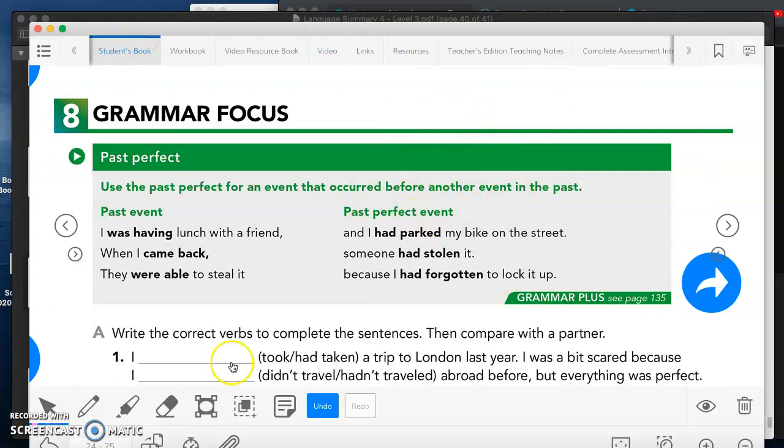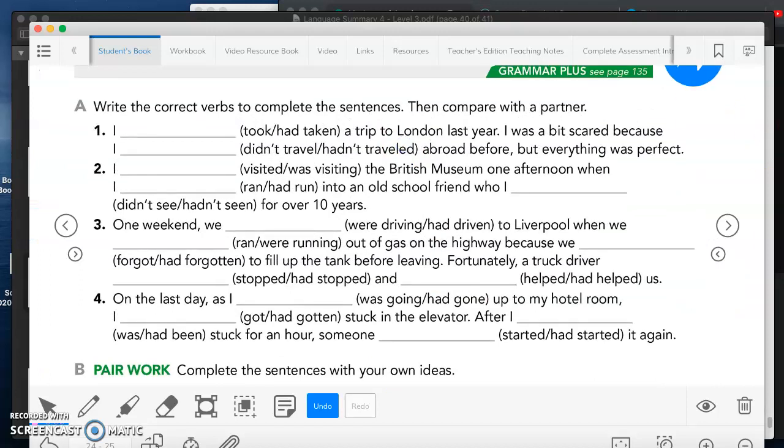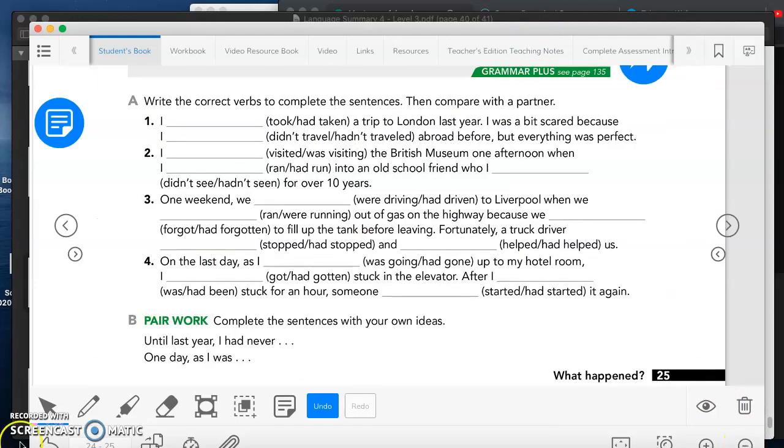We talk about these two actions, but one of them happened first, and then when this action happened, the other action also occurred. They are both in the same timeline, but the past perfect happened first, and then we use the other past. So to practice this, I have this exercise right here.